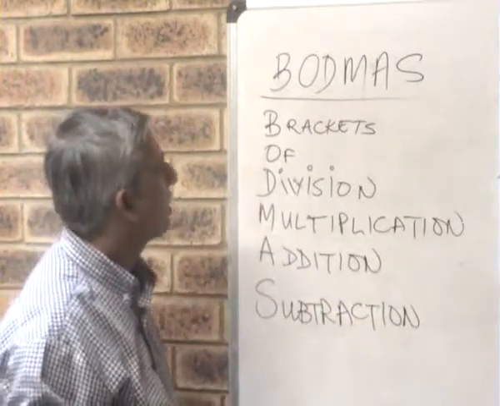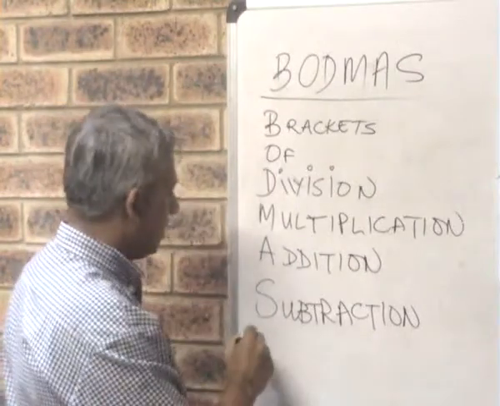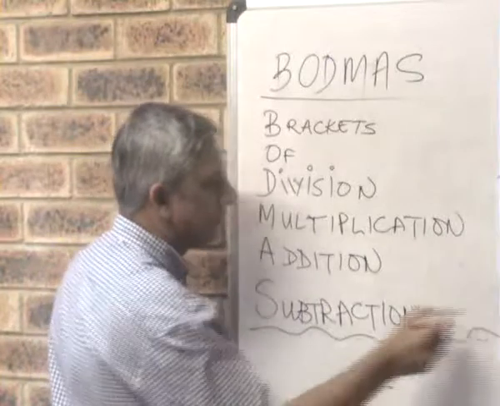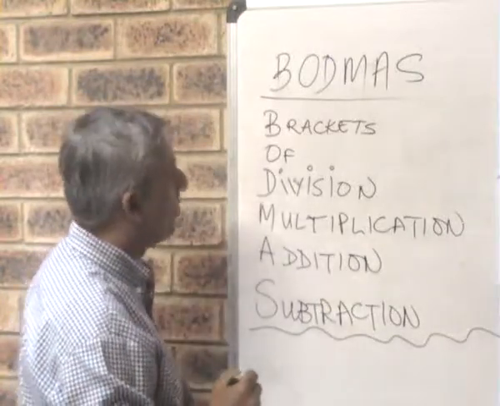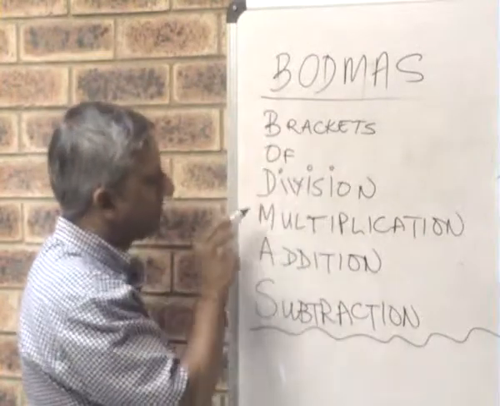So that's what BODMAS stands for. Brackets, of, division, multiplication, addition, and subtraction. So what this rule says is that if you're given an example, you must do that example by following this order.